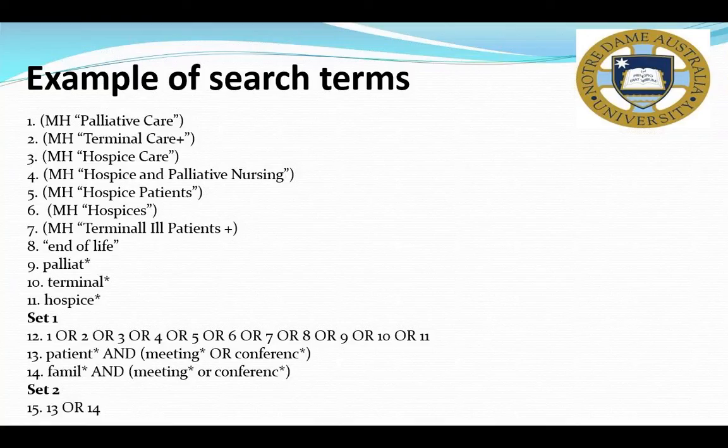Then I combined those terms with or, and patient and meeting or conference, and family and meeting or conference. That was one particular set of search terms for, I think, the CINAHL database. But you do need to sometimes look at the MeSH terms according to the database, because you may have different MeSH terms. So that's another tip.